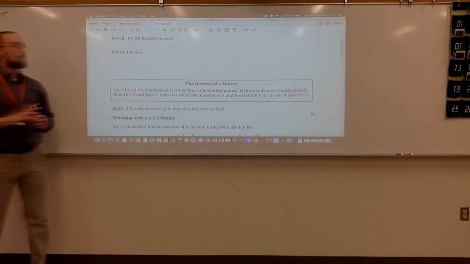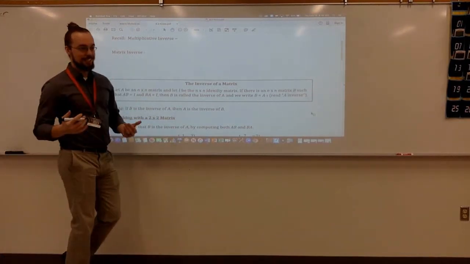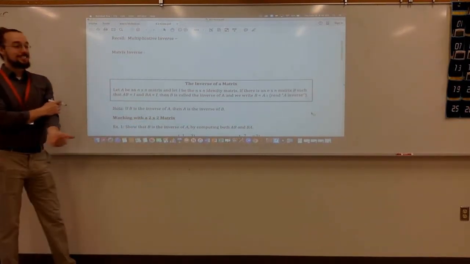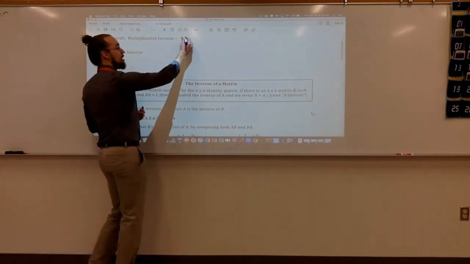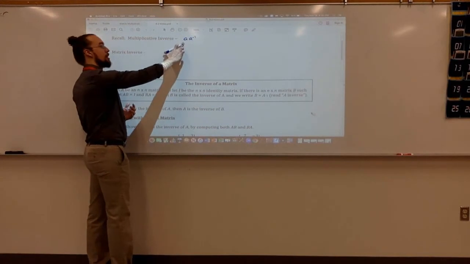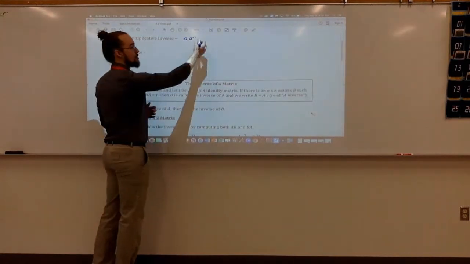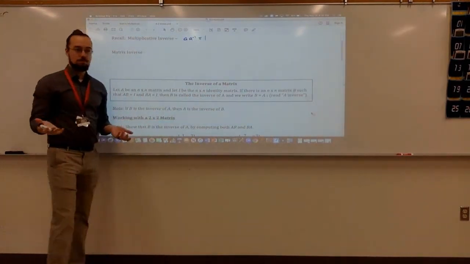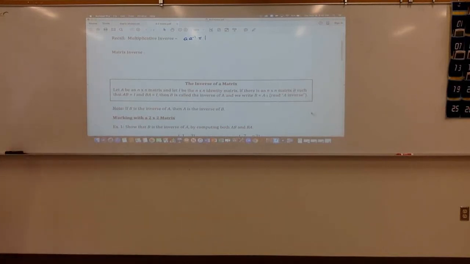If we recall what a multiplicative inverse is, it's something that when I multiply a number by its inverse, I get 1. That's what a multiplicative inverse is.